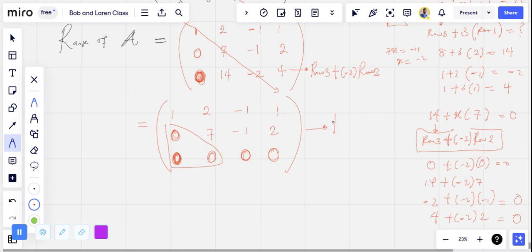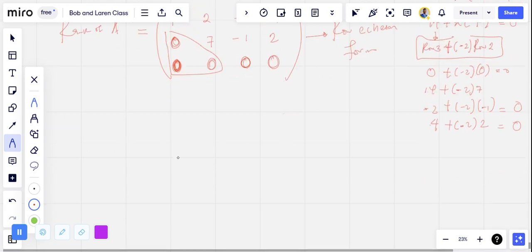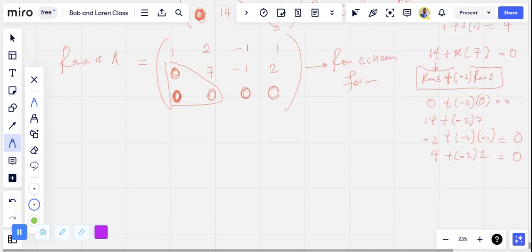Now that we have this in row echelon form, you can easily state the rank of A. So what will be our rank of A? Our rank of A is not something that is really hard.